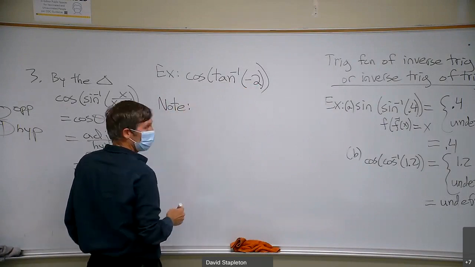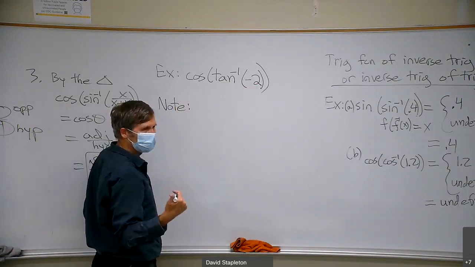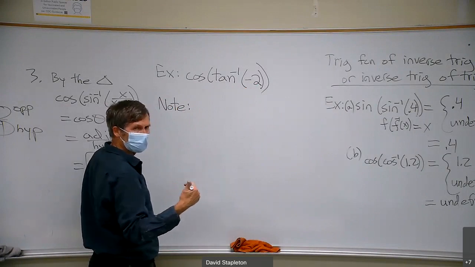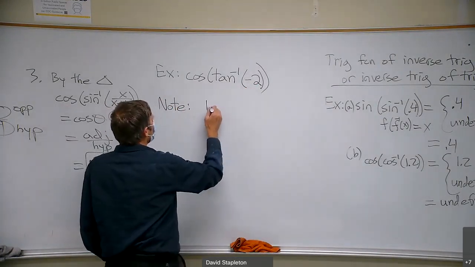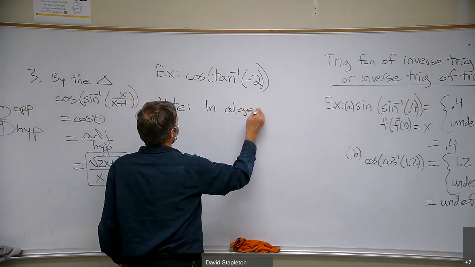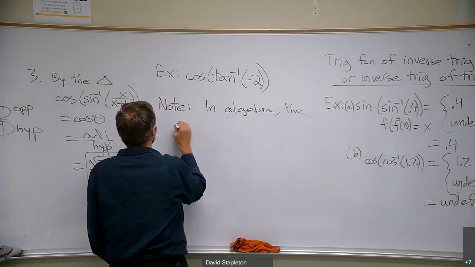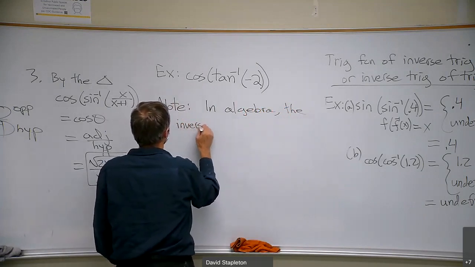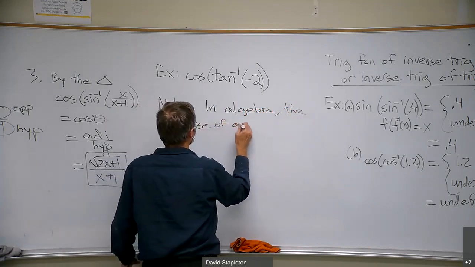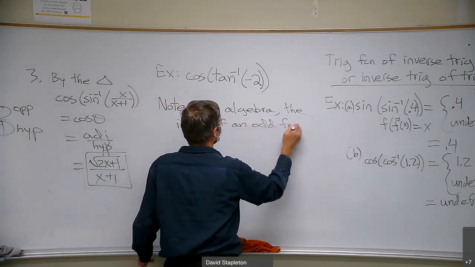Note, in algebra, the inverse of any odd function is again an odd function. Do you know that? It doesn't matter, not just trig functions. The inverse of an odd function is odd itself.